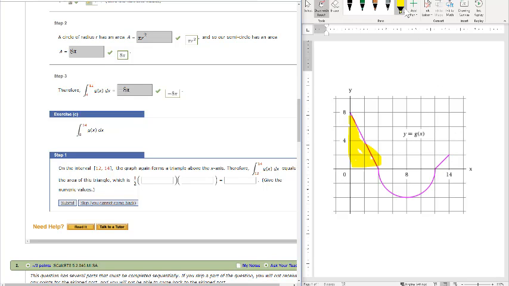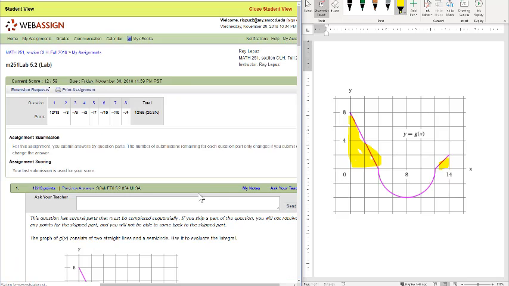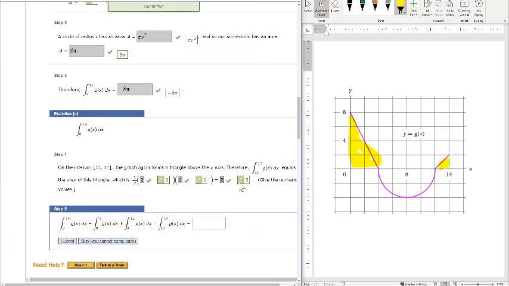So it looks like it's going to be this triangle, and that looks like it has a base of 2 and a height of 2. So 1/2 base times height, and the two twos would cancel, and then we will just have a 2 left over. And so we have an area of 2.